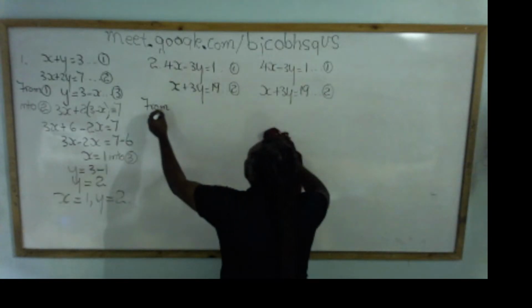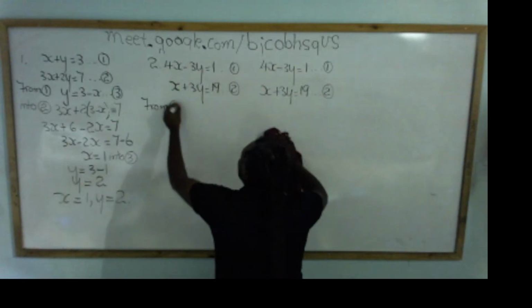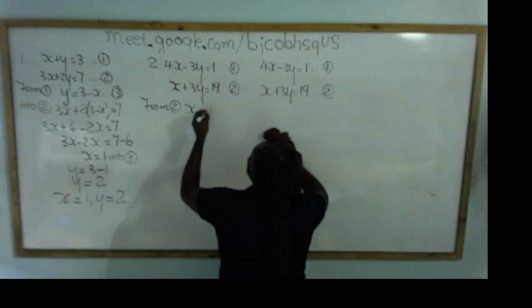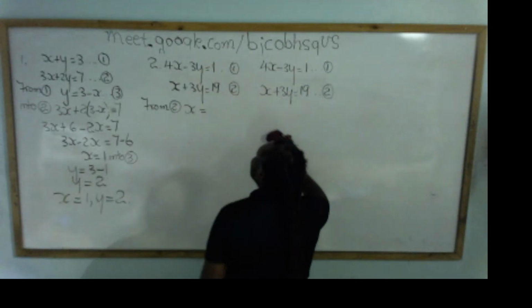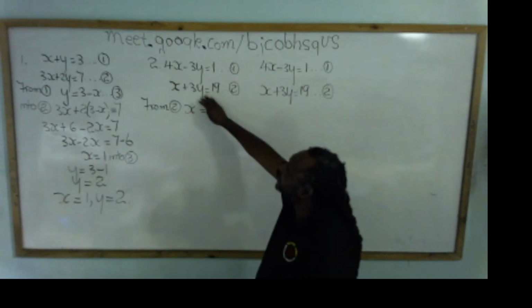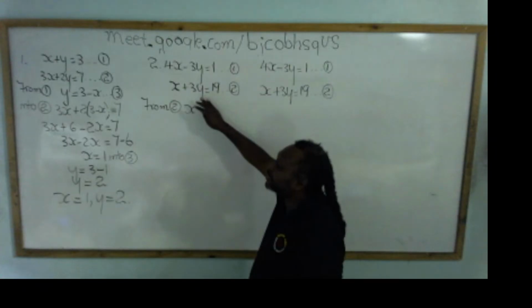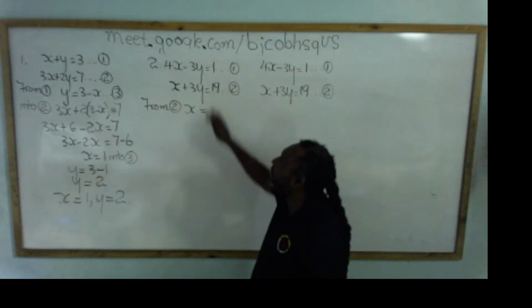From equation 2, x is equal to, so if we are at equation 2, by transposition, what would we say x is equal to?